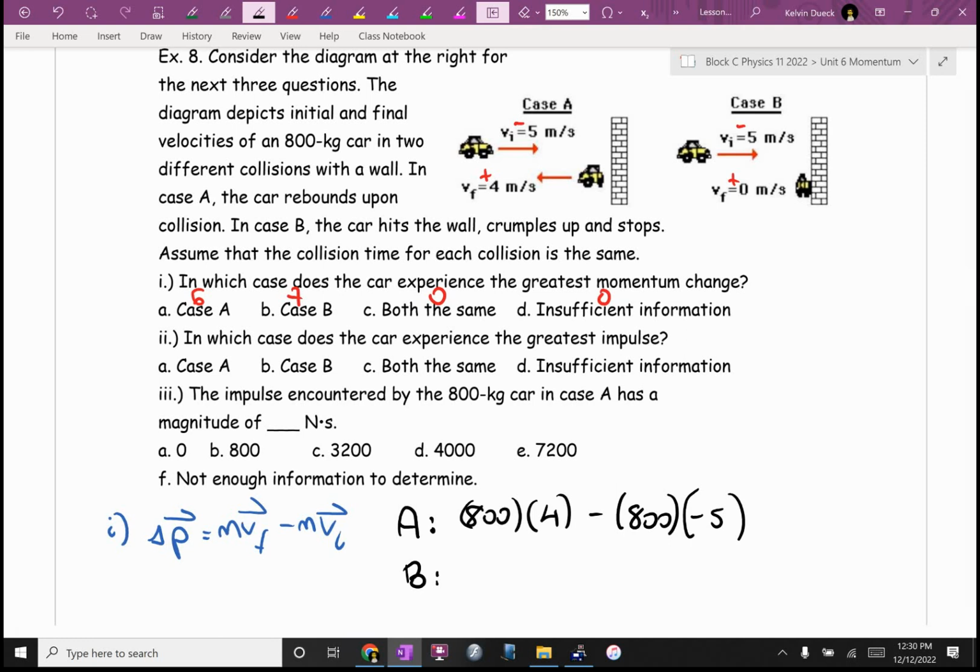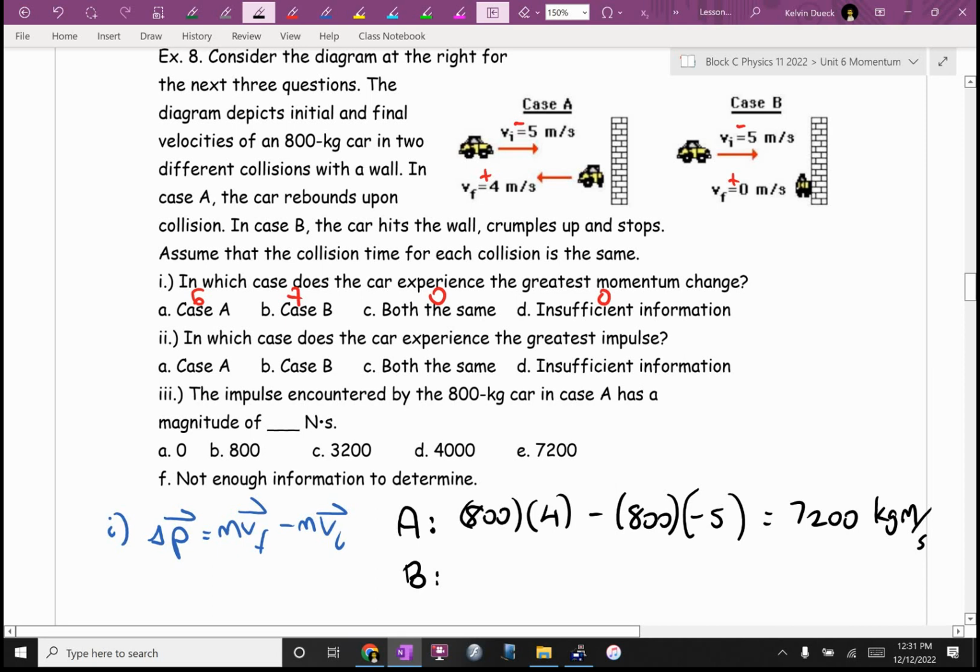I've just picked up the habit over the years of saying, oh, I'll get a minus, which is a plus, no pun intended. David, what'd you get? You went to your calculator by now and typed it in without me having to tell you, right? 7,200? Kilogram meters per second, or you could say Newton seconds.